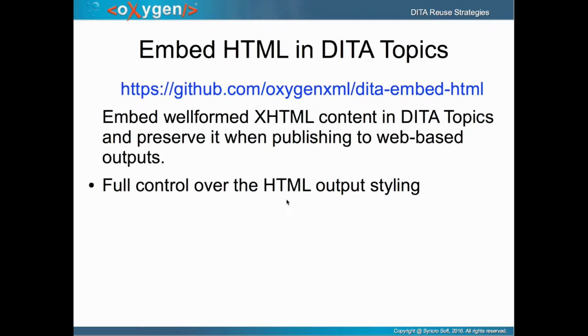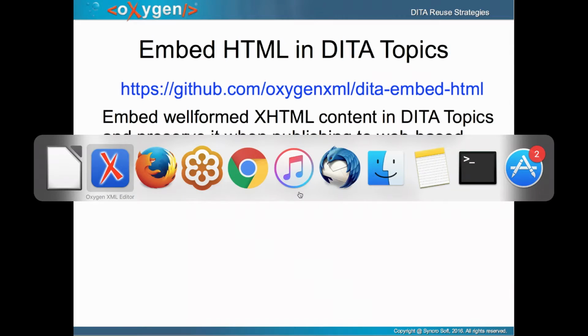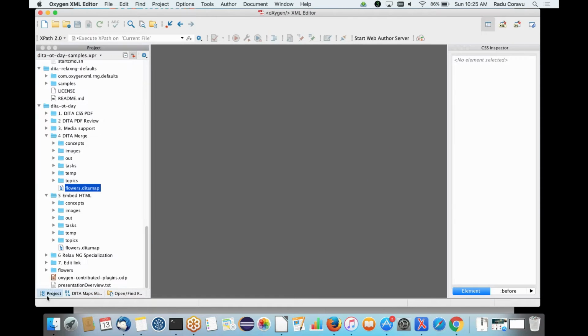In this way you take full control over the HTML output styling. Maybe in some parts you just need that. To show you an example of how this plugin could be useful.